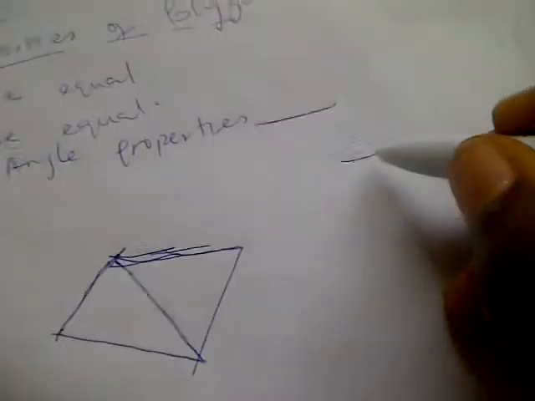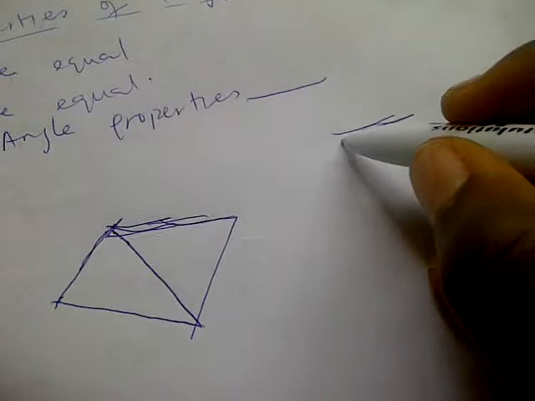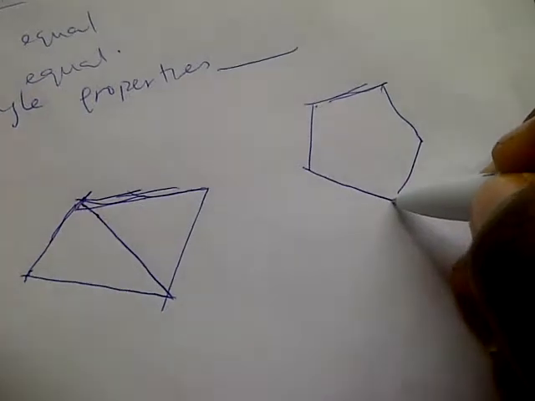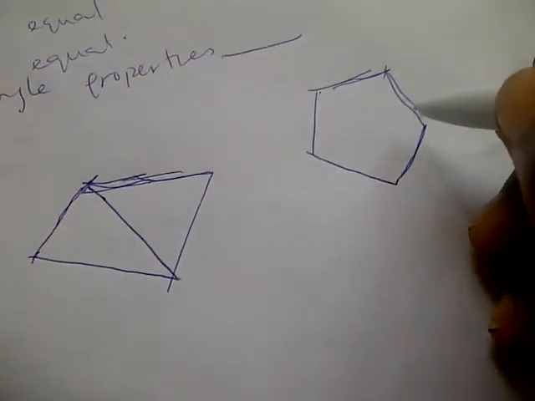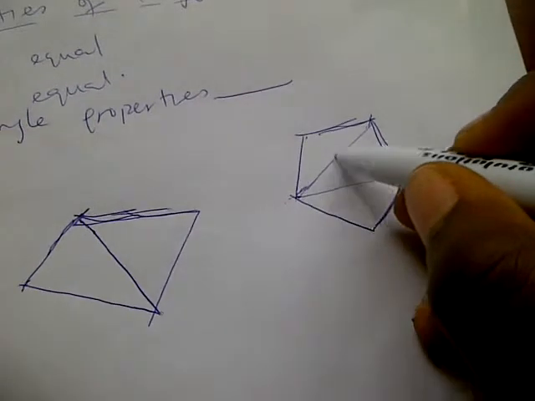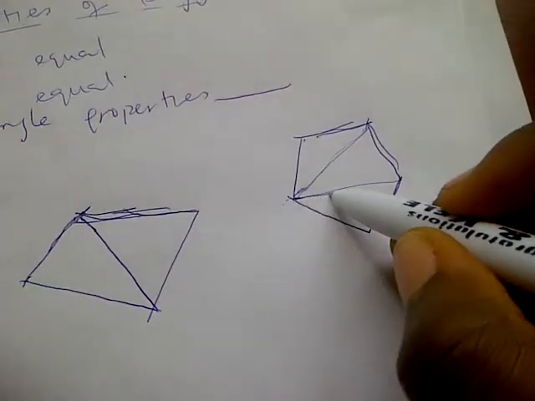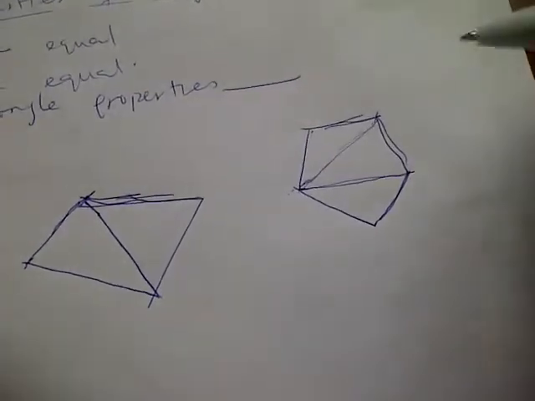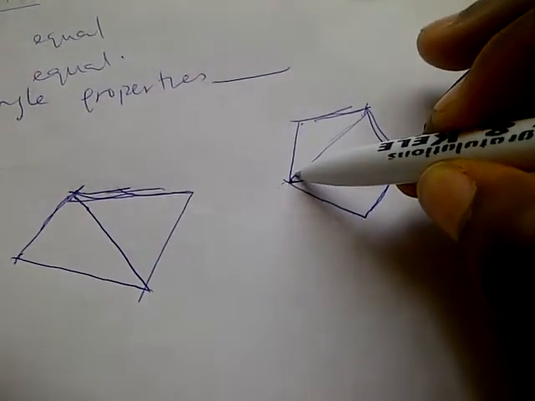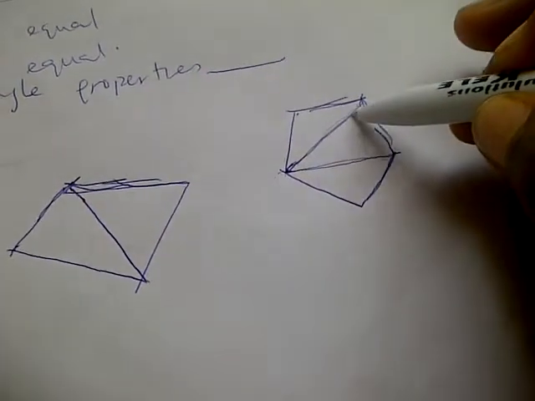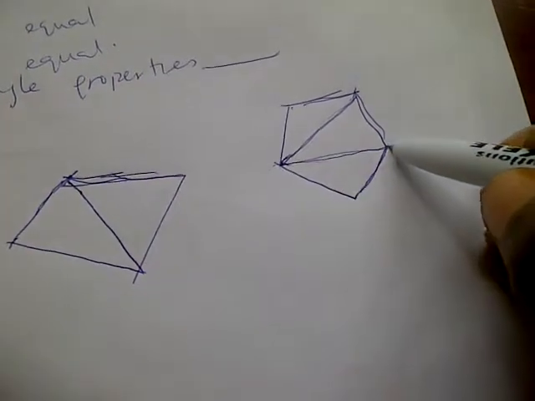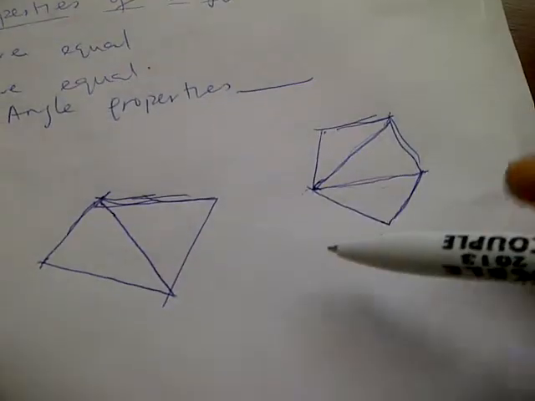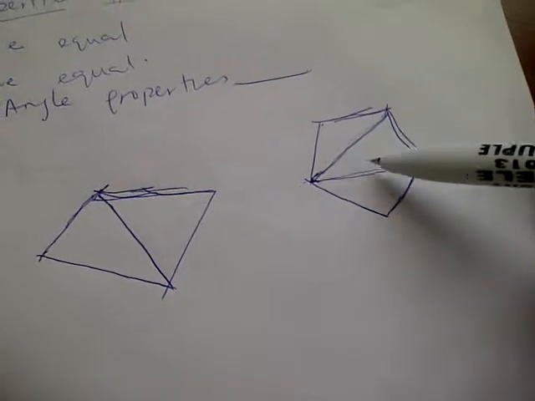For a pentagon that has 5 sides, if you divide it into triangles using full diagonals, going from one corner to the other end without the lines crossing, you will see that a pentagon can be divided into 3 triangles.